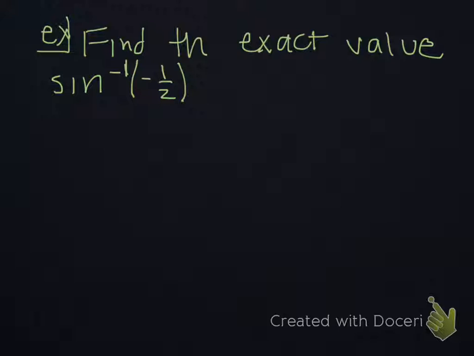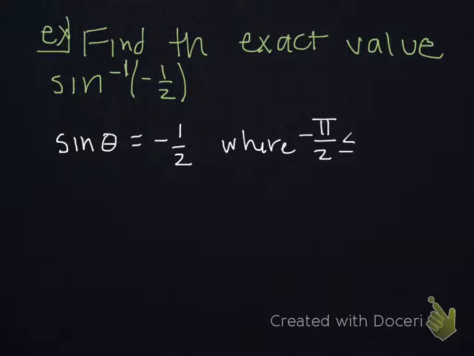So again, I'm going to skip right to that step where we're rewriting it. So we want to rewrite it as sine of theta equals negative 1/2, where negative pi over 2 is less than or equal to theta, less than or equal to a positive pi over 2.